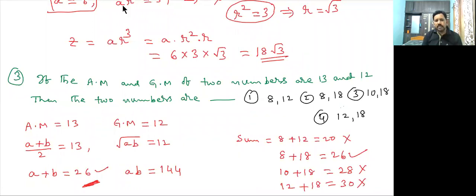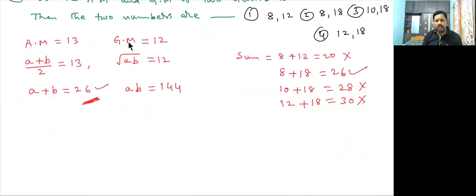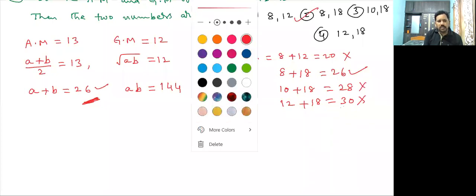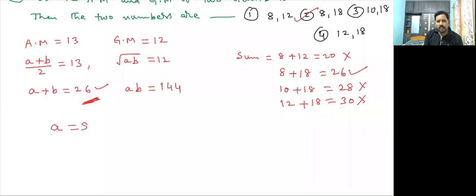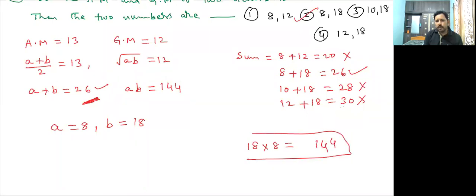So by verification method, we got it very easily. So now the correct answer is second option. That means A value is 8 and B value is 18. If 8 into 18, how much, tell me? That is 144. Yes, product also satisfied. Sum also satisfied. Overall, the numbers are 8 and 18. This is the answer.